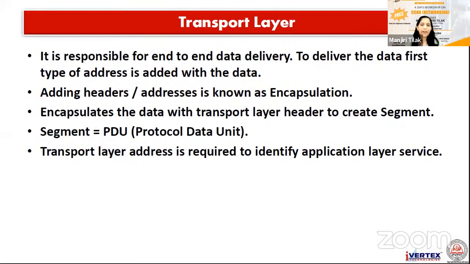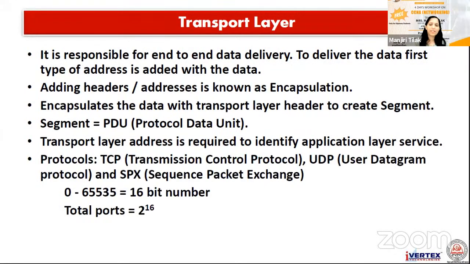So to identify the application layer service or protocol, OSI is going to use one type of address with the data, which will be attached at the transport layer to create a segment. Now, can you tell me what these addresses are? These are nothing but the port numbers. Are you aware of it? Port numbers.